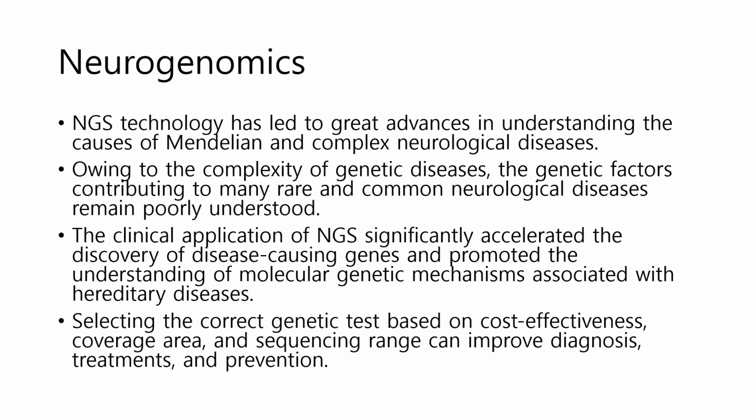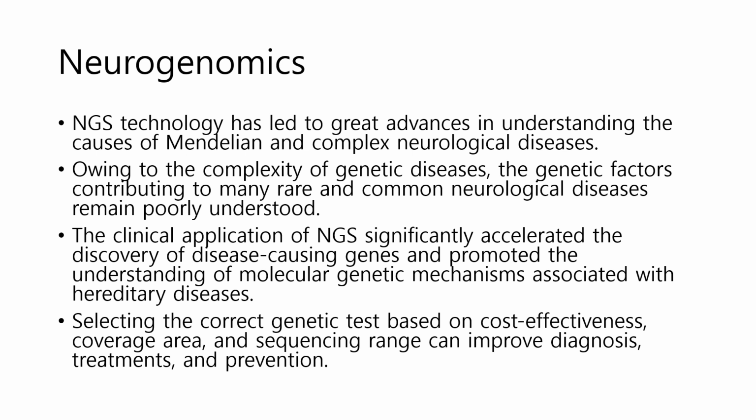Owing to the complexity of genetic diseases, the genetic factors contributing to many rare and common urological diseases remain poorly understood. The clinical application of NGS significantly accelerates the discovery of disease-causing genes and promotes the understanding of molecular genetic mechanisms associated with hereditary diseases.